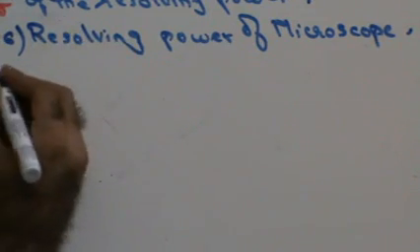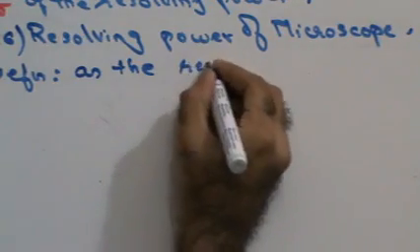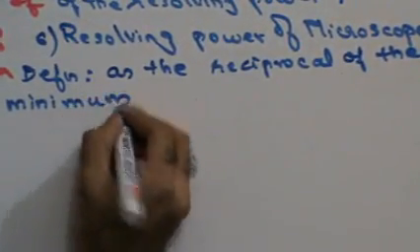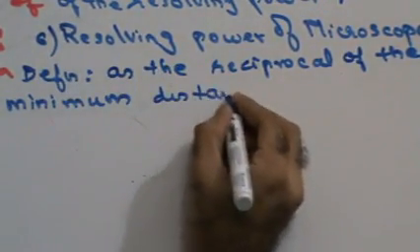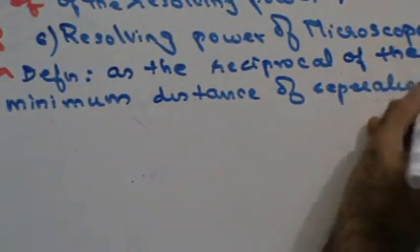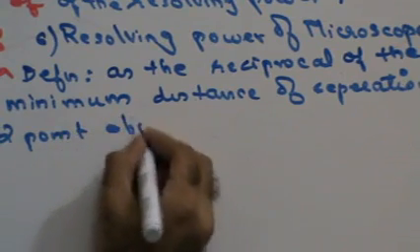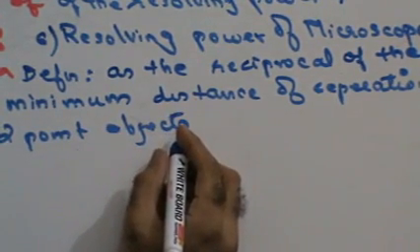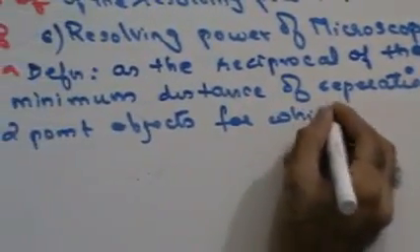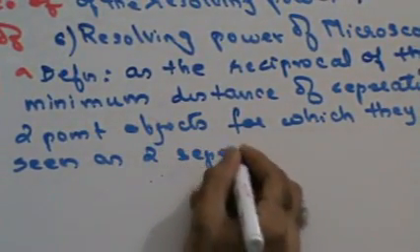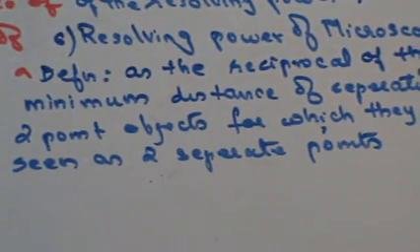I can say that the resolving power of the microscope is defined as the reciprocal of the minimum distance of separation between 2 point objects for which they can be seen as two separate points. Right? Do you get this?